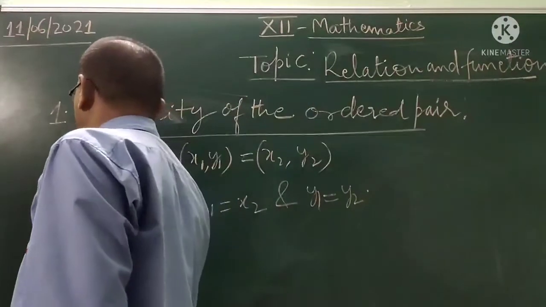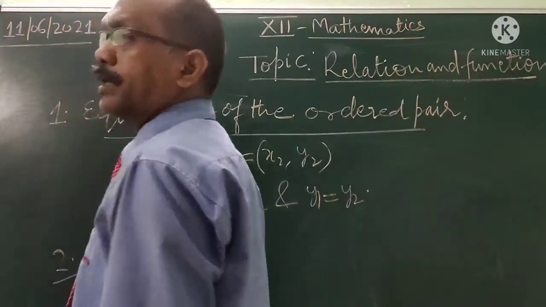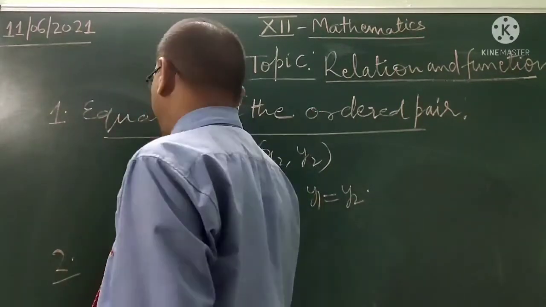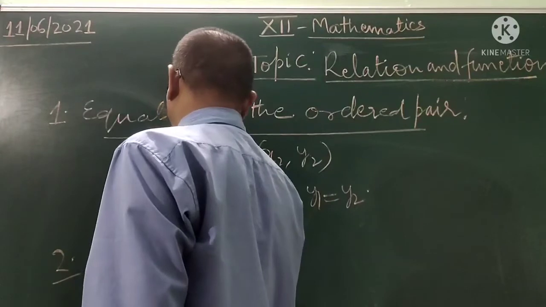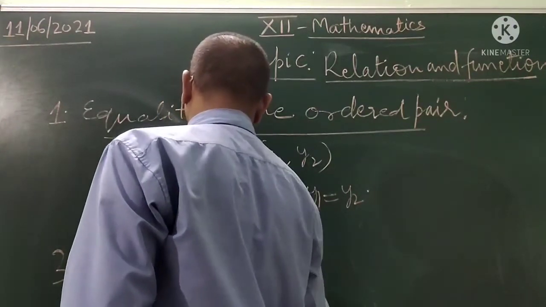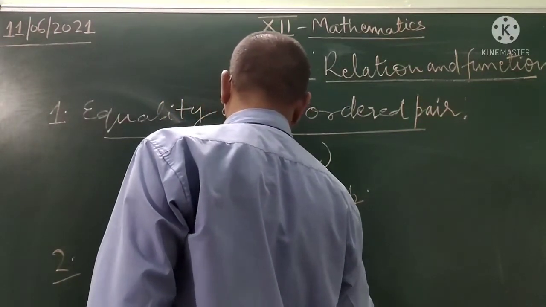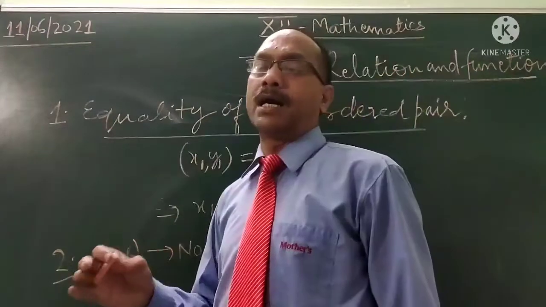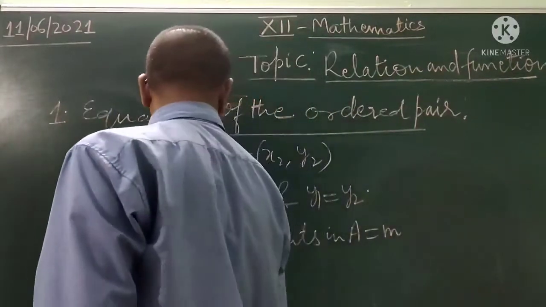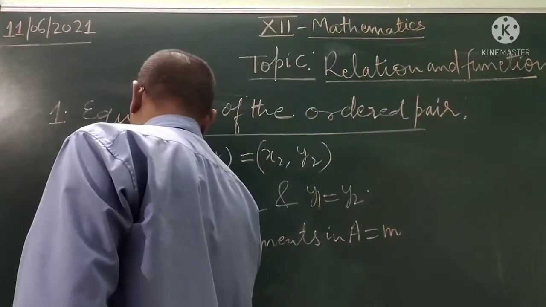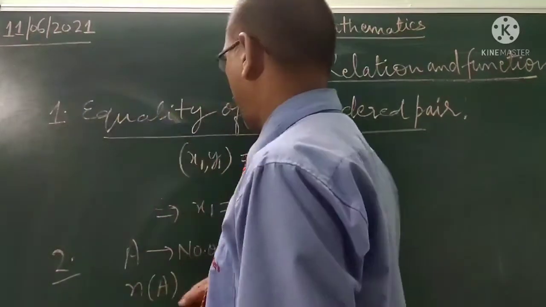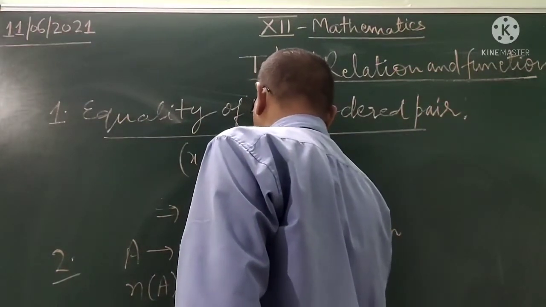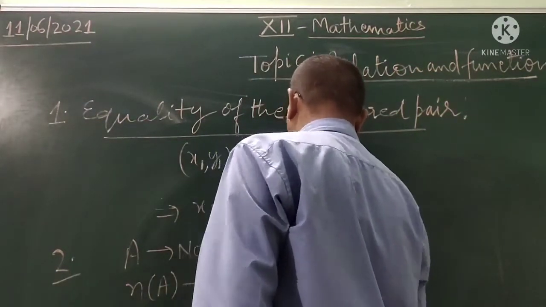Second, suppose A is a set having m elements. Number of elements in A, n(A) equal to m. This n is called the cardinal number.